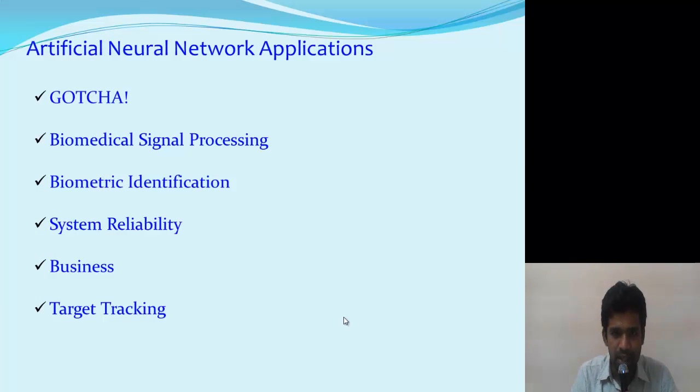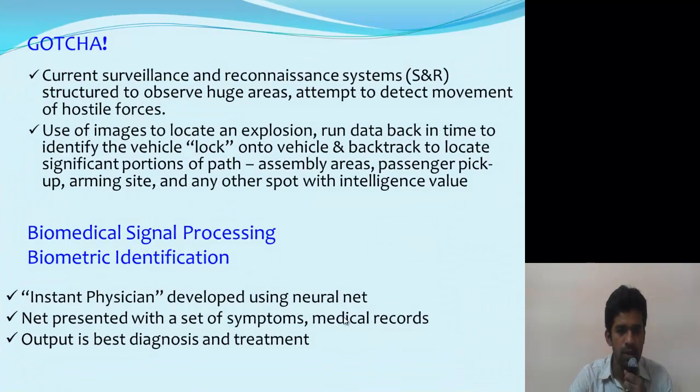There are several applications of artificial neural networks. Let us discuss some of them. Military, biomedical signal processing, biometric identification, system reliability, business, target tracking. An effective application of neural networks.